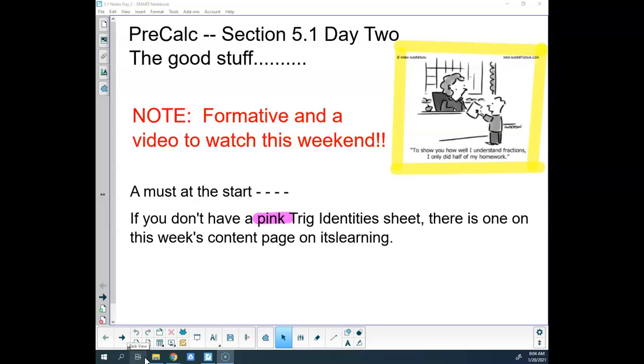You don't have one? For everybody else, yeah. Or if you're a B student, you need to get one next week. We have them in school. Okay.